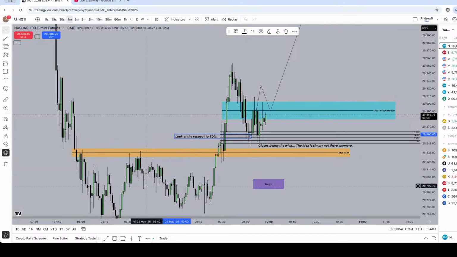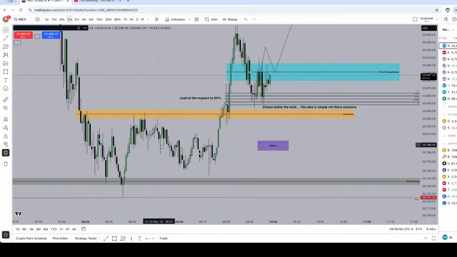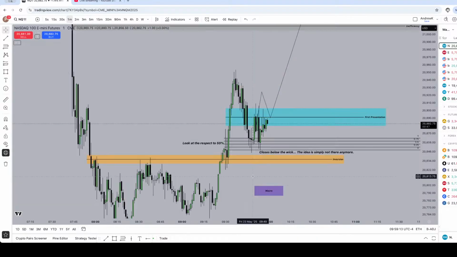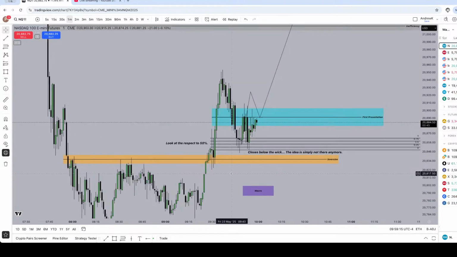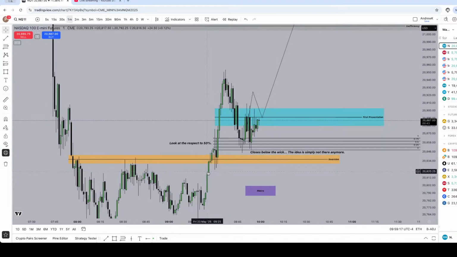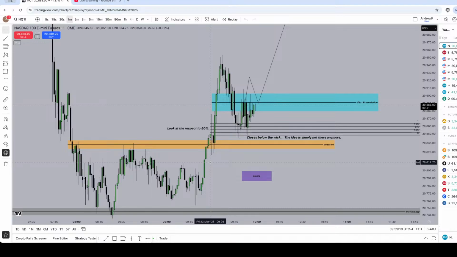So if you study what this manipulation macro did, it kind of consolidated a little bit, but took out these equal lows here. So it did take out a piece of liquidity, hence why we traded higher. Always use that logic. So first things first, there's two things that you can look for right at the open, or actually three things.